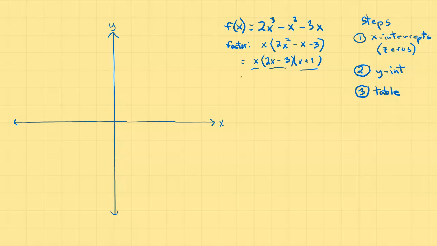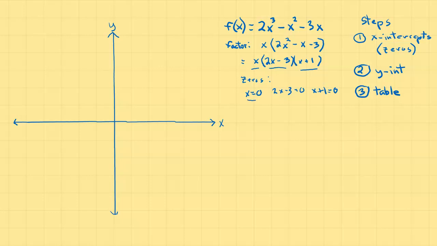So the zeros, I'm going to get the zeros by setting each factor equal to 0. And 2x minus 3 equals 0, and x plus 1 equals 0. Now I'm going to solve for x.